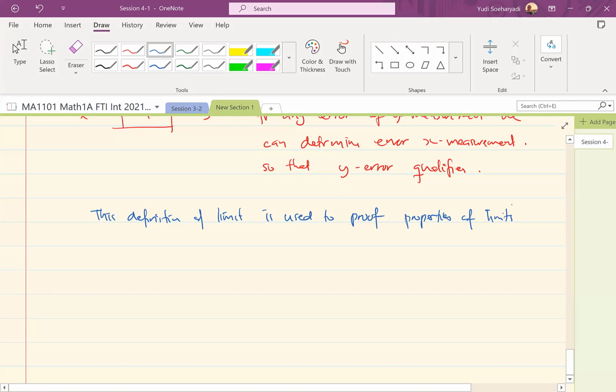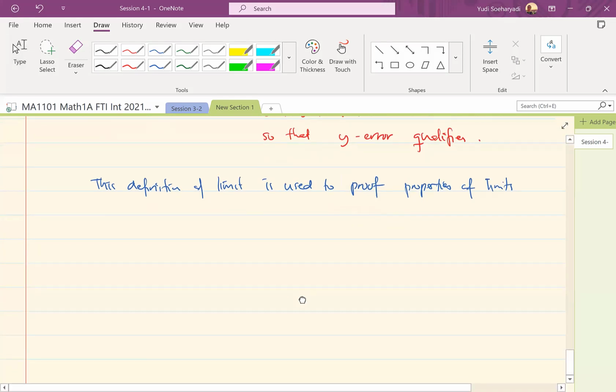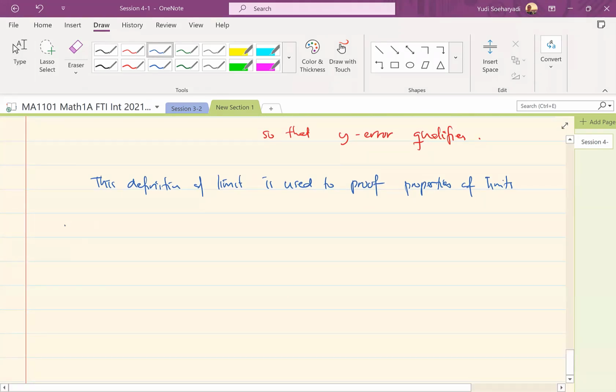And once we have the properties of limit, then the computation of limit uses these properties, not using the proof anymore. Okay, so it's just some simple one. All right, let's see. Let's do this example. Prove that. Let's do some simpler one.